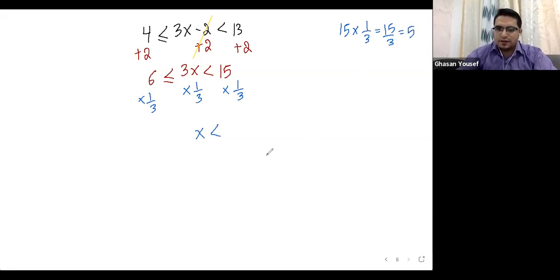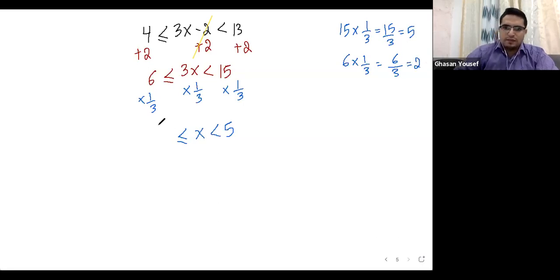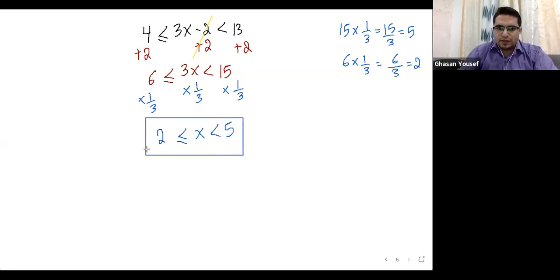This is correct, Natasha and Pamela. So x is less than 5 and greater than what? 6 times 1 over 3, what do I get? 6 over 3, and when we simplify it, 2. Natasha, this is correct. Pamela, this is correct too. And Ryan, correct, it is 2. So the solution is x greater than or equal to 2 and less than 5.